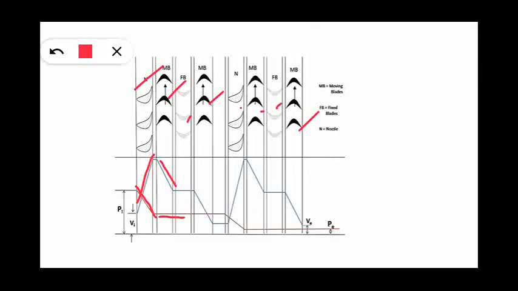And under the fixed blade, velocity is constant and pressure is also constant. And again, in the moving blade, velocity reduces because of absorption of kinetic energy, and pressure is constant, and this process is repeated until the condensation pressure.